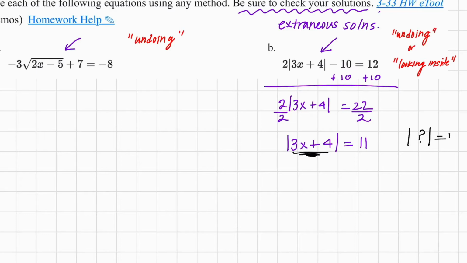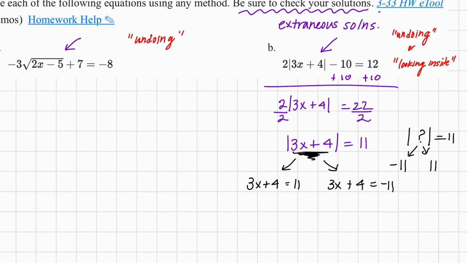And that's going to be either negative 11, because absolute value of negative 11 is positive 11, or positive 11, because absolute value of positive 11 is 11. So whatever's inside the absolute value can be either positive 11 or negative 11.